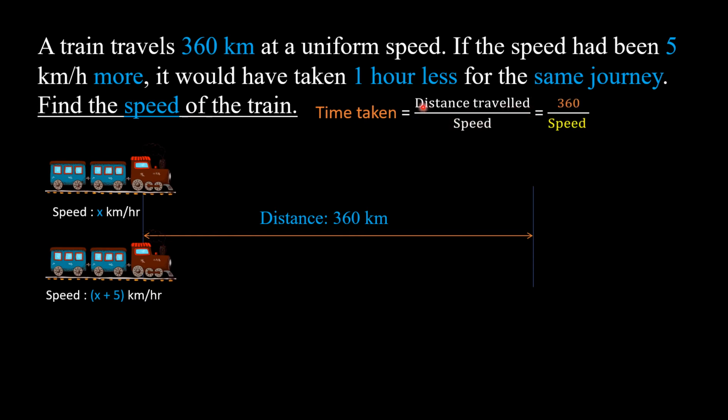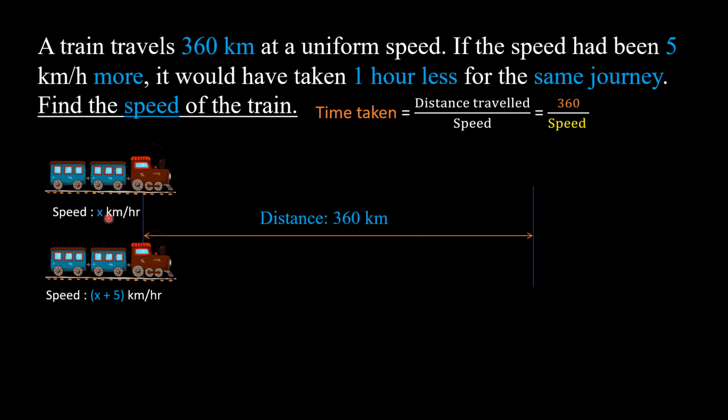Now, the train travels the same distance, 360 kilometers. So therefore, we have time taken equals 360 divided by speed. Now, consider the train had an initial speed of x kilometers per hour.